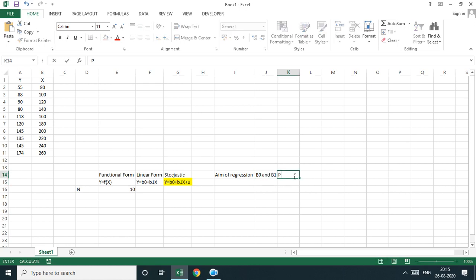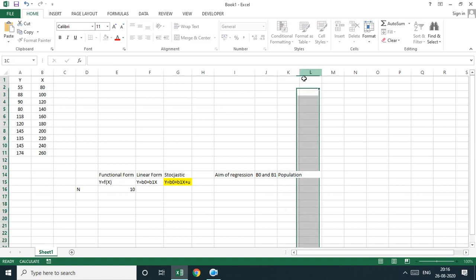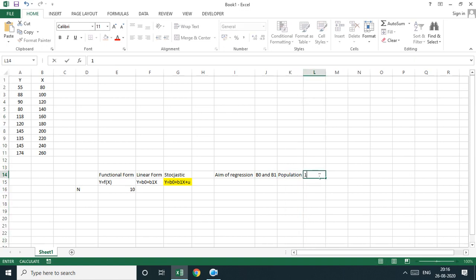It indicates the population. Assume that there are 1,000 members in the population. If from these 1,000 members we find the values for beta 0 and beta 1, they will be our population parameters.